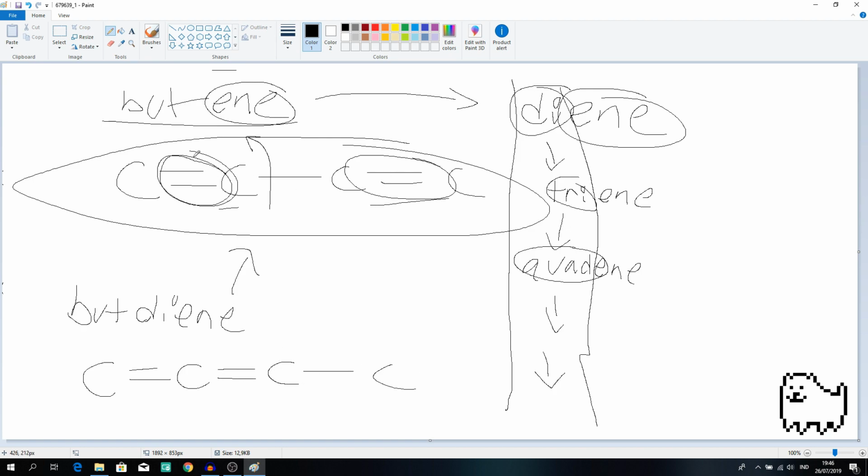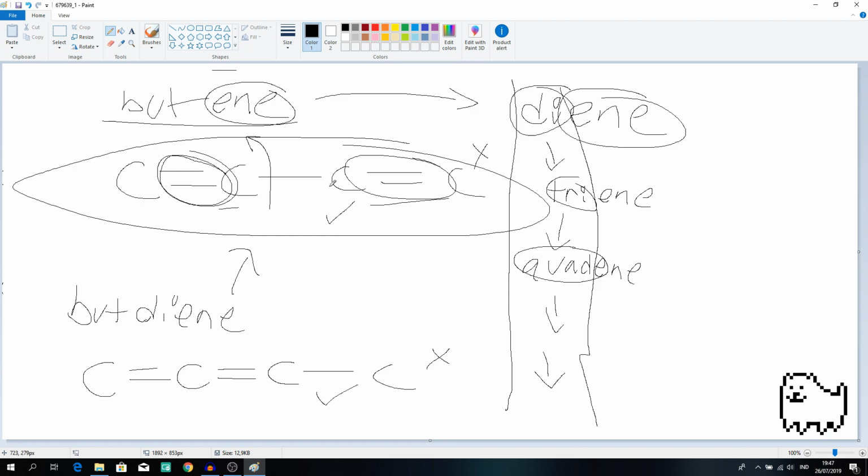So now that these two double bonds are placed next to each other, you can easily see that this one is different from this one. So we have to apply what we learned from positioning to correctly name this compound and this compound.